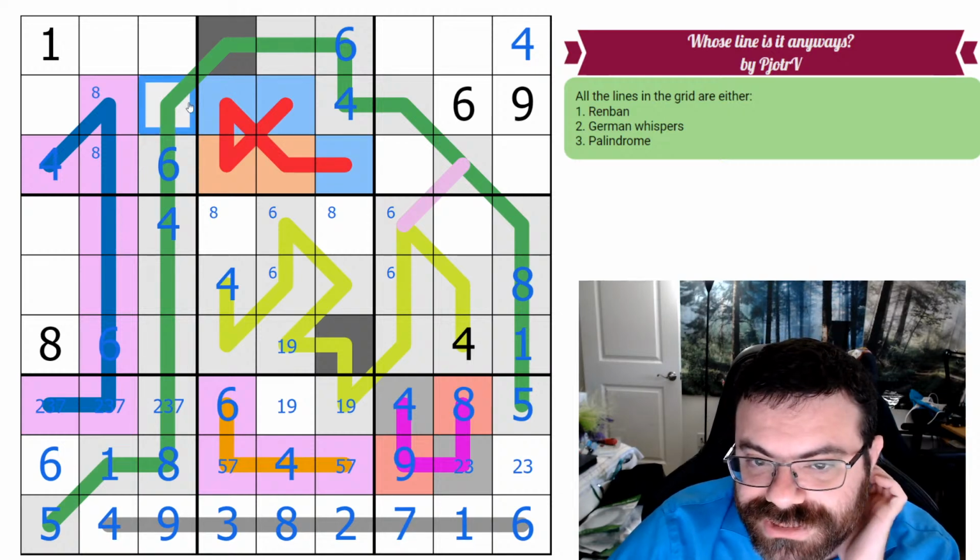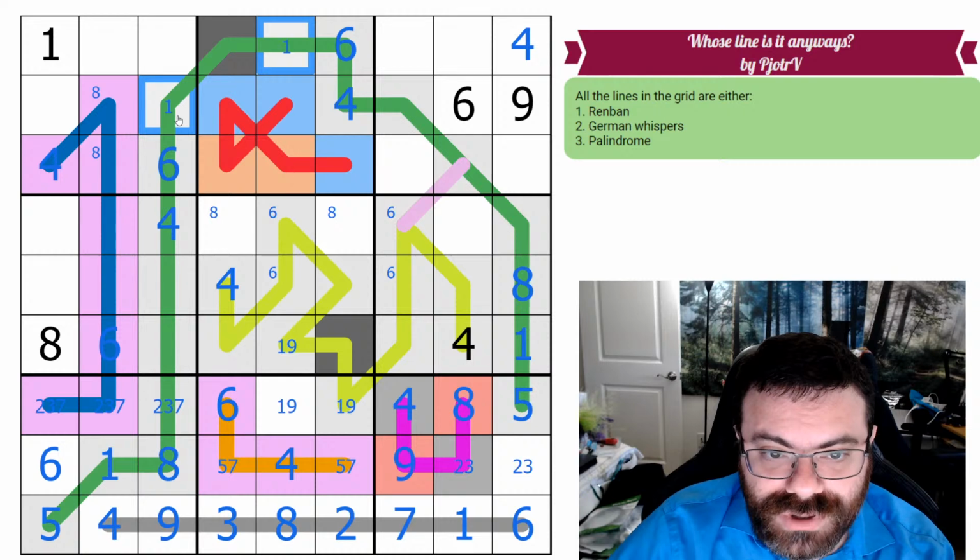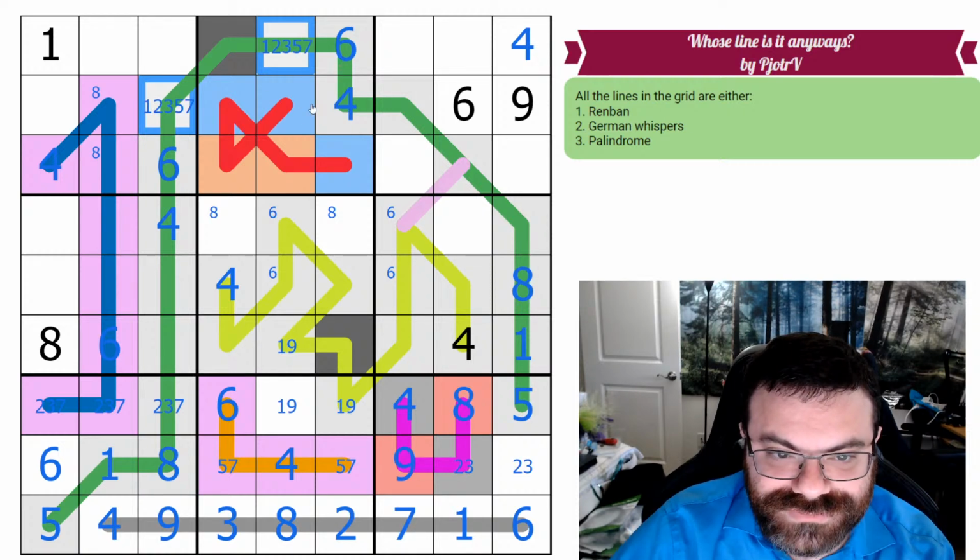This seems pretty limited. We can be a 1 or a 2. Maybe not as limited, or a 3. Can't be 4. Can be 5. Can't be 6. Can be 7. Okay, not limited. Oh, it can't be 1 actually. Okay, 2, 3, 5, 7. Do we see any?